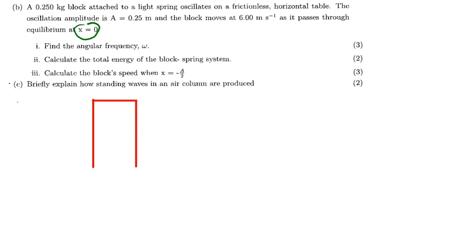So if inside here there is fluid, for us to produce a standing wave, one thing has to happen. There's supposed to be an interference between the sound waves in opposite directions. As long as there is an interference of sound waves in opposite directions, then a standing wave in the air column is going to be produced.